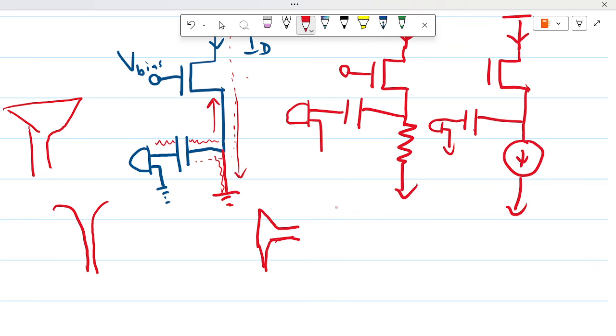And this creates some form of capacitance between the signal coming from the amplifier.